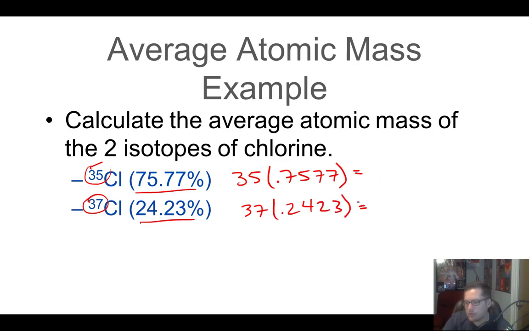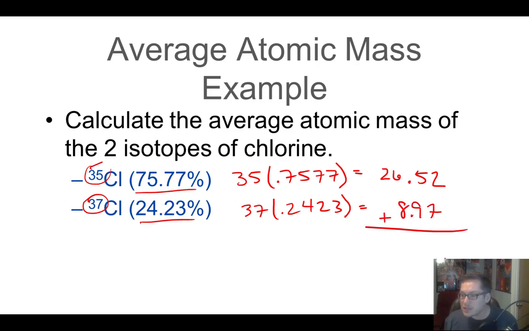So 35 times 0.7577 is equal to 26.5195, which we'll call 26.52. The other one is 37 times 0.2423, which I got as 8.97. Adding those together, I got 35.49.